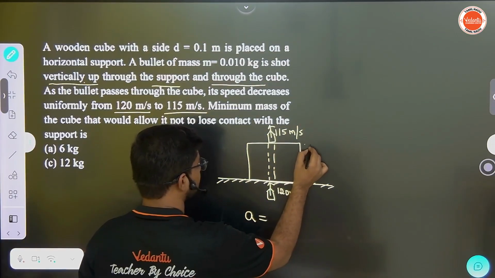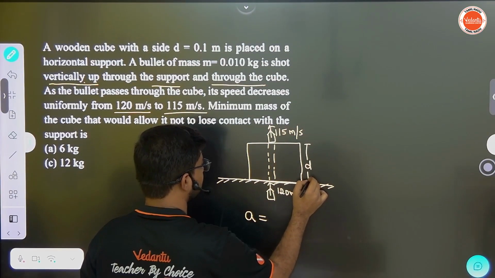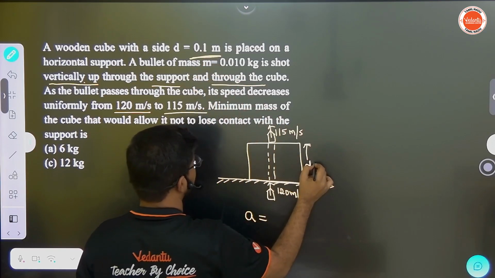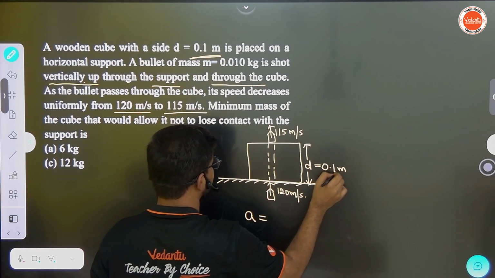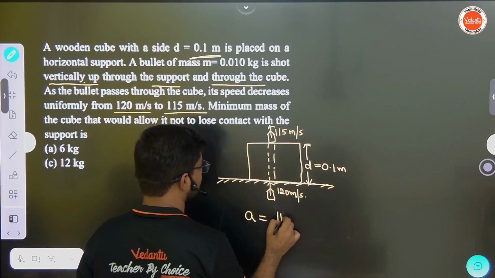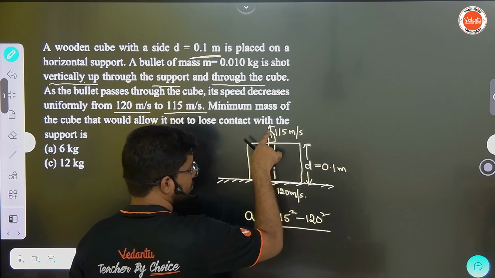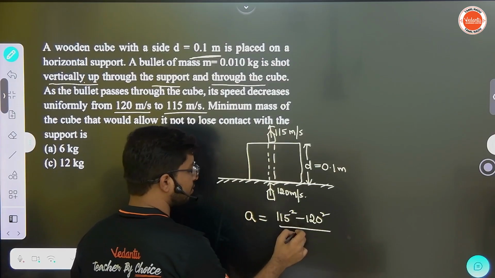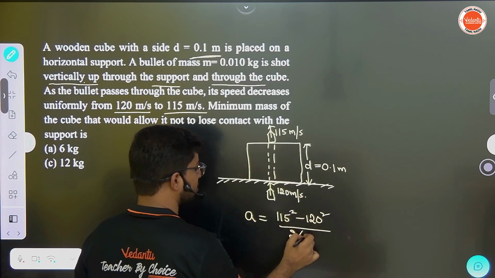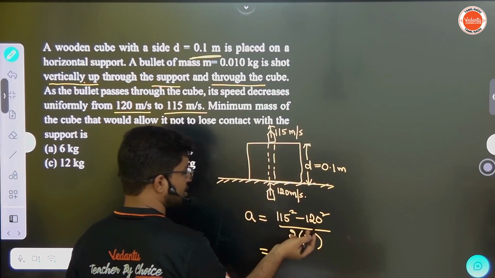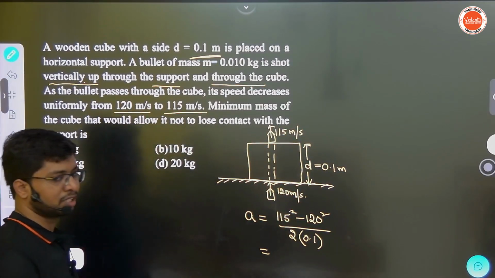So you take the side of the cube as d. Did they give the side of the cube? Okay, they have given d equal to 0.1 meters. So this is equal to 115 square minus 120 square, v square minus u square, divided by 2 times 0.1, right? How much is this here? Apply a plus b into a minus b.